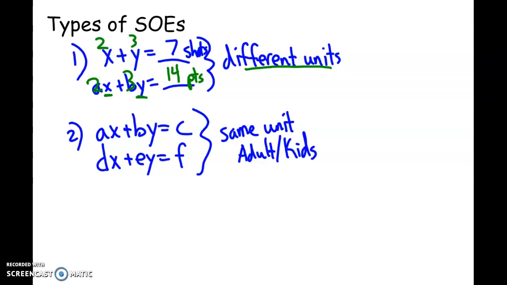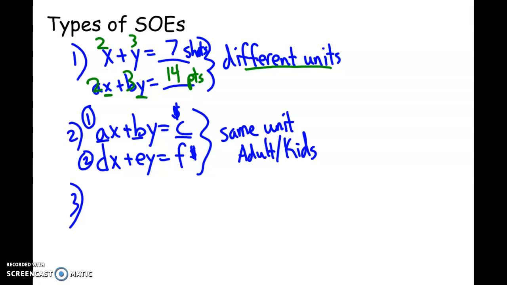It might be like on one night, so many adult tickets were bought, so many children's tickets were bought, and this is how much money they made overall. On a second night, same thing, but now a different amount of money. Use that information to find out how much the adult or the kid ticket costs.